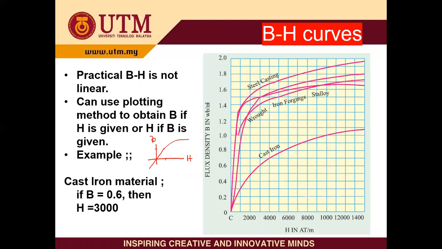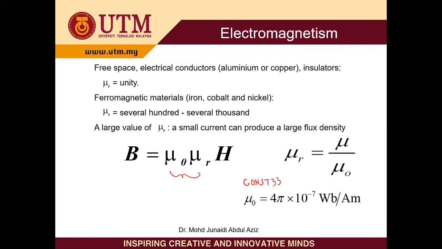Even though from this relationship, B is equal to mu H, it seems to be linear, actually this linearity is only applicable to a certain part.